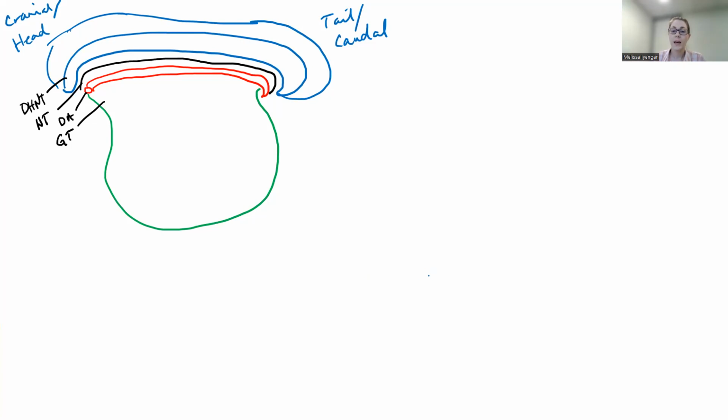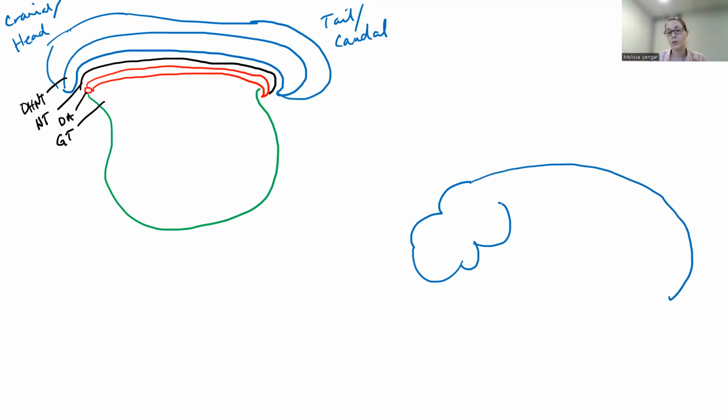Essentially, the brain is going to grow super big, super fast. And when it does, it gets really heavy and starts to bend towards the ventral surface. The tail is also going to start to grow a little bit more and also bend towards the ventral surface. So that creates my brain here and my spinal cord.